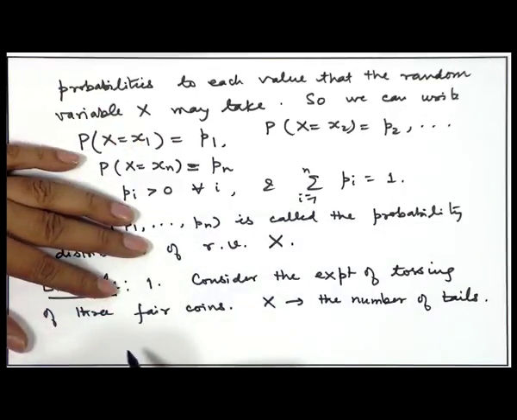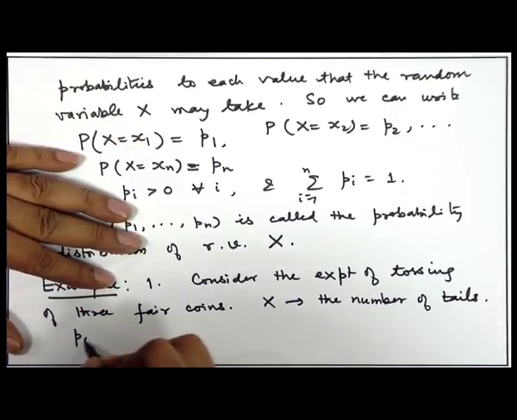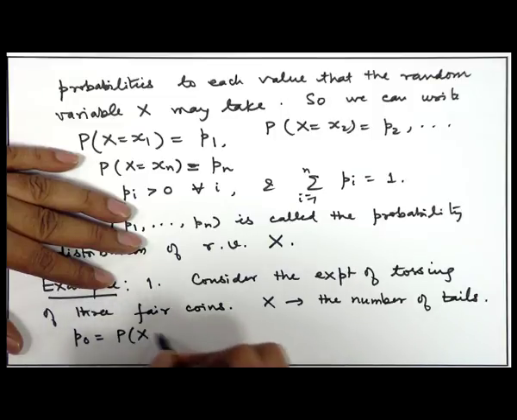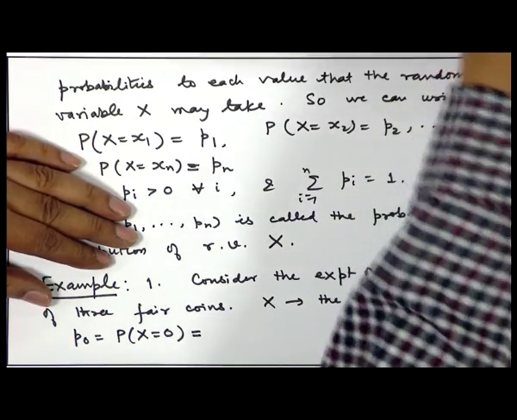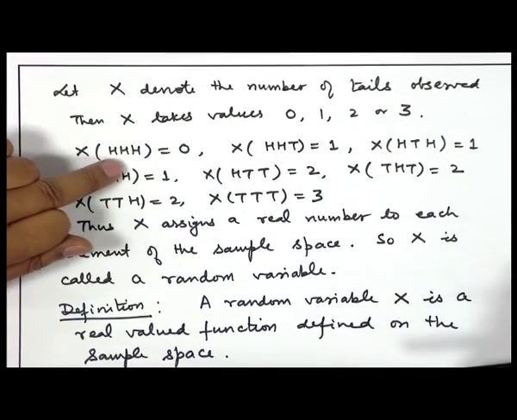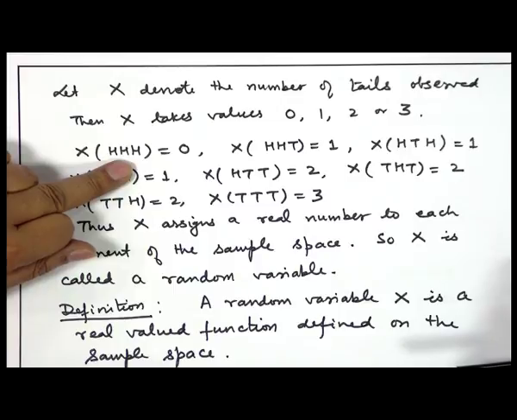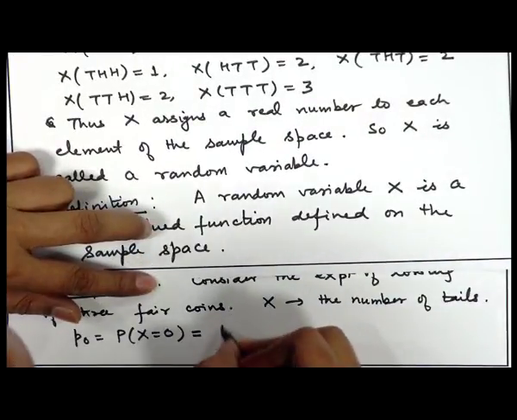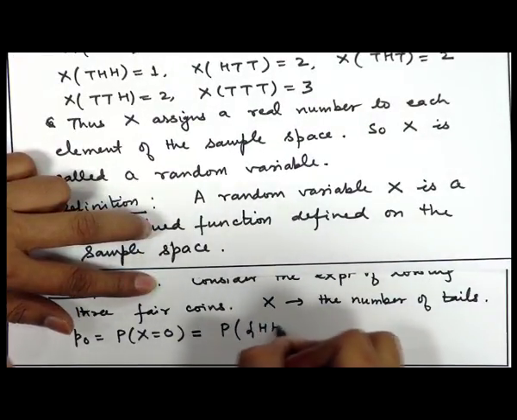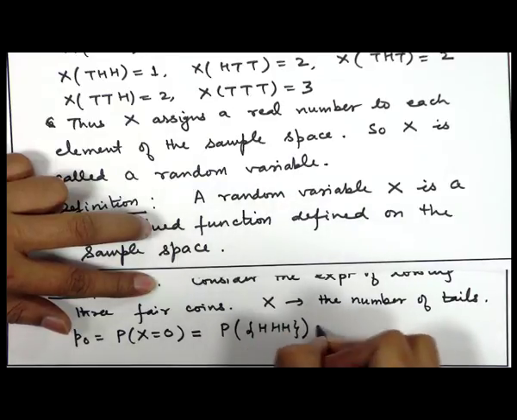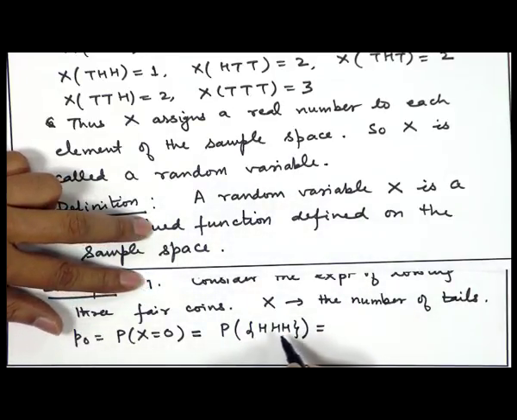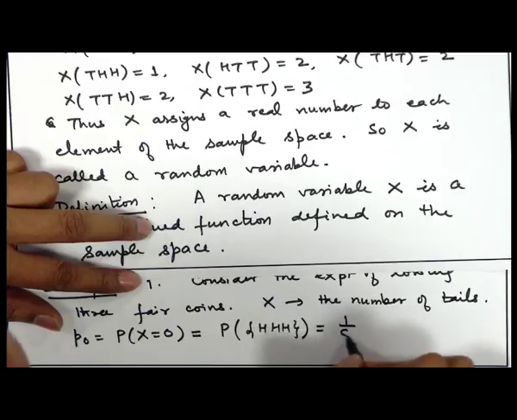Then let us calculate the probability distribution. What is the probability that x is equal to 0? Now, x is equal to 0 corresponds to when all 3 heads are observed. So, it is actually equal to the probability of the possibility HHH. So, this is 1 by 8.